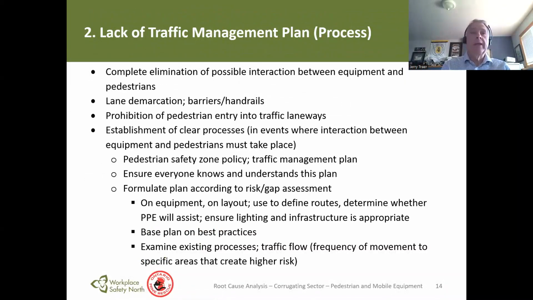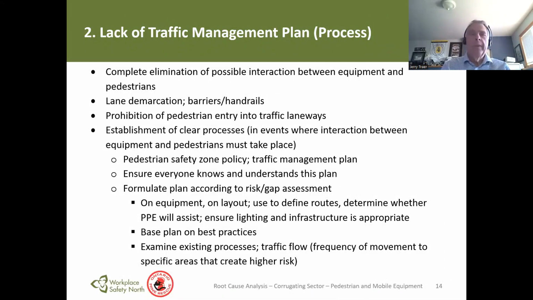So we got into a lot on the traffic management plan, which fell under the process component, the complete elimination of possible interaction between equipment and pedestrians. So we got into lane demarcations, barriers, handrails, prohibition of pedestrian entry into traffic laneways.